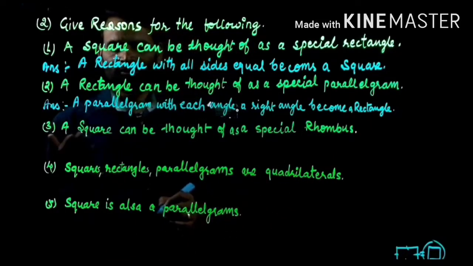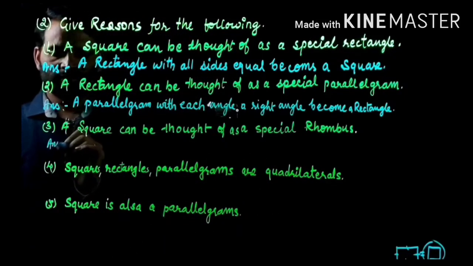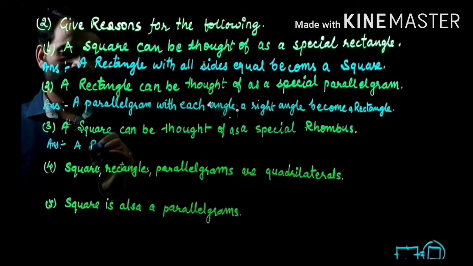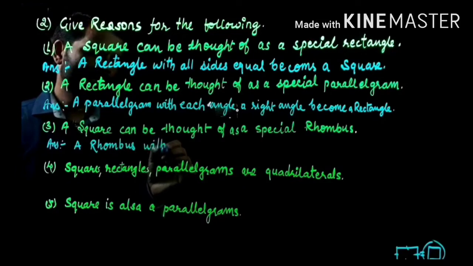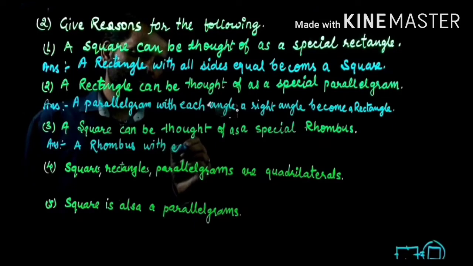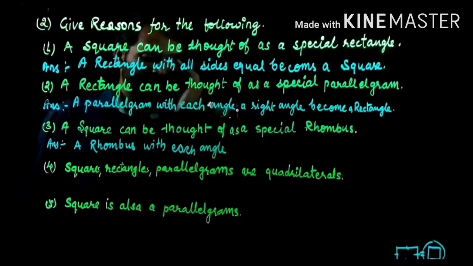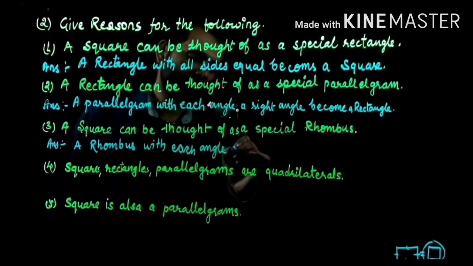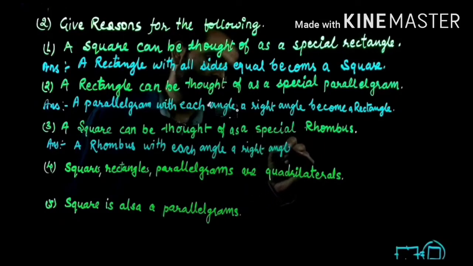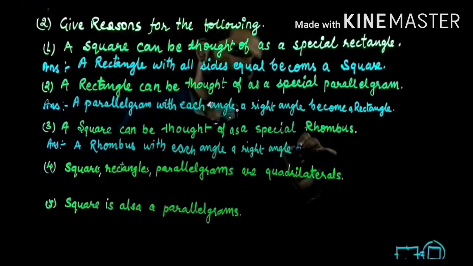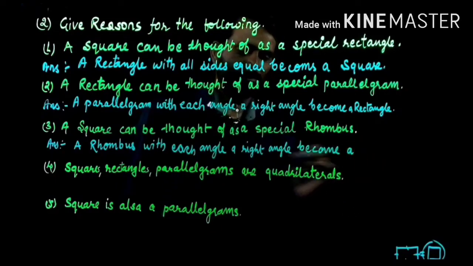Okay, now third, a square can be thought of as a special rhombus. Yes, the response is a rhombus with each angle a right angle becomes a square.